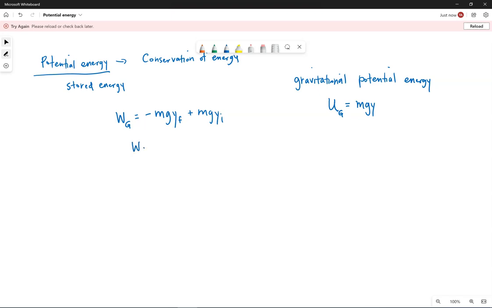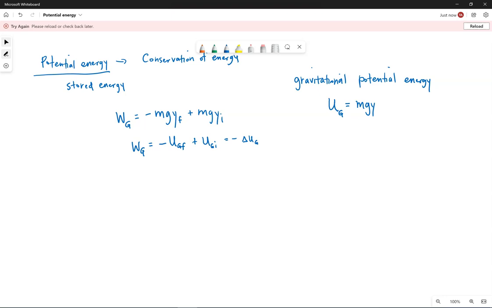So, work done by gravity, if I am calling mgy this gravitational potential energy, is negative U final for gravity plus U initial for gravity. It's a negative delta U for gravity.